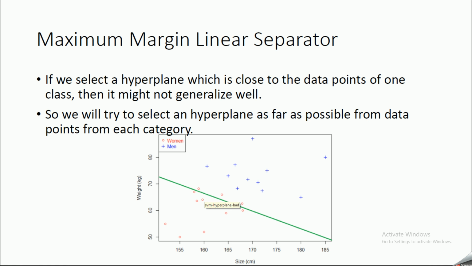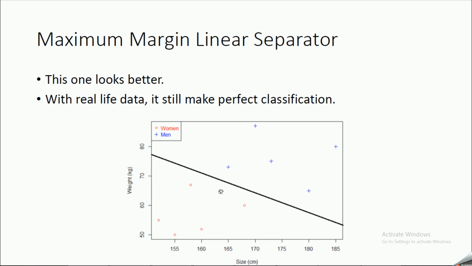So we will try to select a hyperplane as far as possible from the data points of each category, that is male as well as female. We cannot restrict our hyperplane to only one data point like shown here. This one is better because it is able to classify the men and the women category properly and resembles a perfect classification.